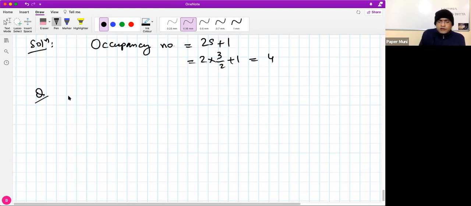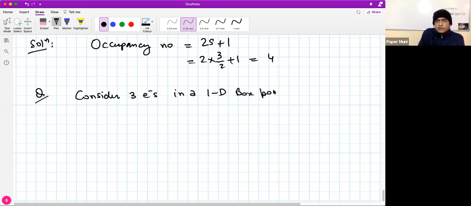All right, consider 3 electrons in a 1D box potential of width L. Now find the ground state energy of the system.